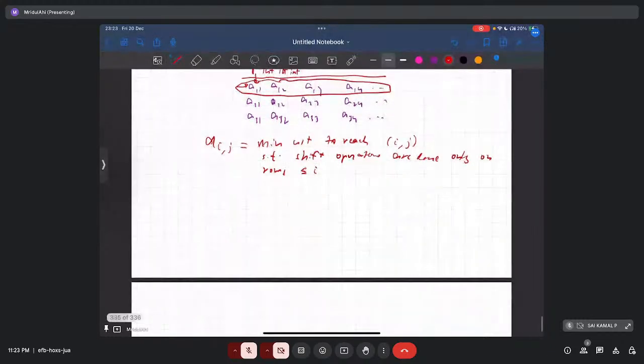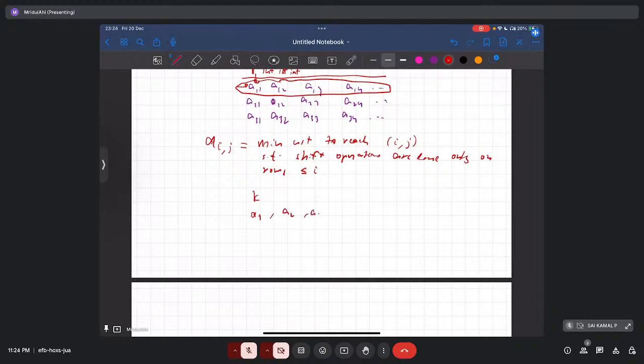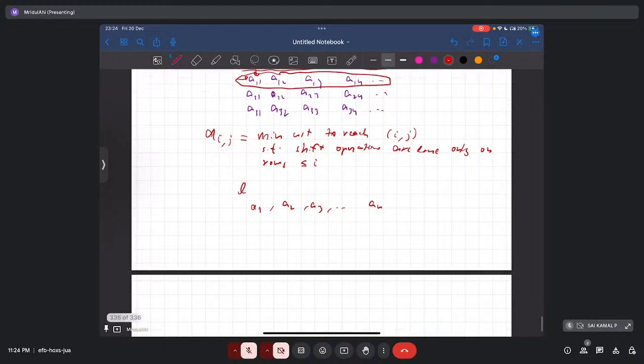So let's say that after k rotations, the next row looks like a1, a2, a3 to an. K is already in the input, so let's use another variable. Let's say we do L shifts.